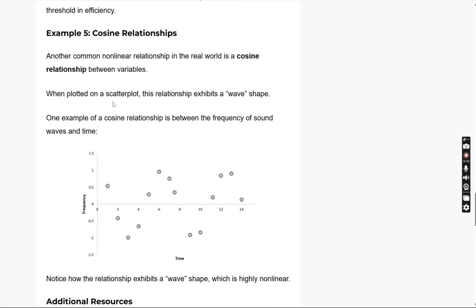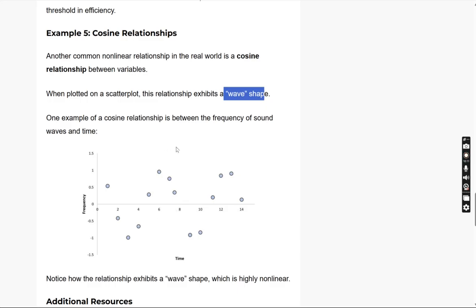Next is cosine relationships. Cosine relationships are wave based relationships. For example, if you want to work on signal processing, text to speech, speech to text, or even heart rate calculations based on the graphs it generates, in all such places you will have to make the model learn that pattern, whatever it is, cosine pattern, sine pattern, or the heart rate pattern.